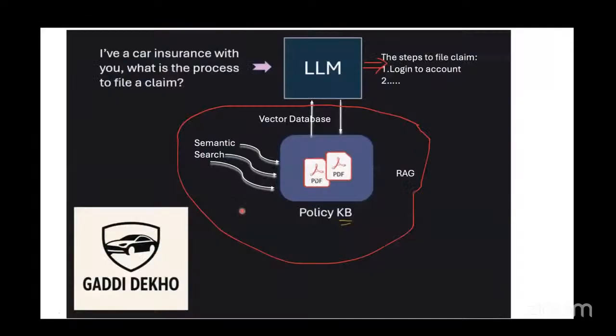Okay. So what is the real RAG system? So you have a new company called Cardi Deco, some insurance company or something. Every LLM has a fine-tuned cutoff date. So you have a model, you download it, but there is a new company on the internet.